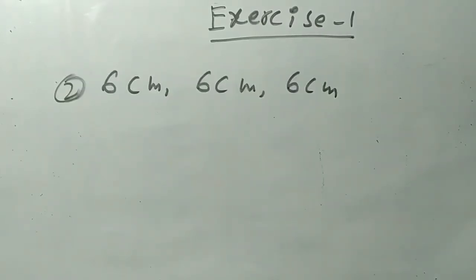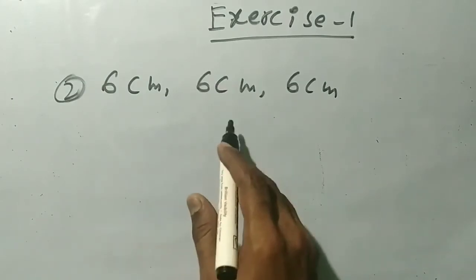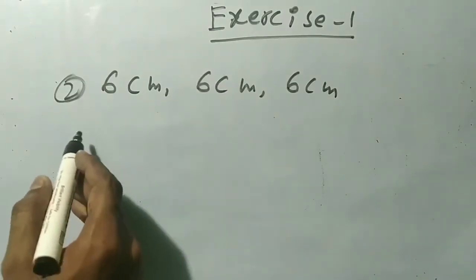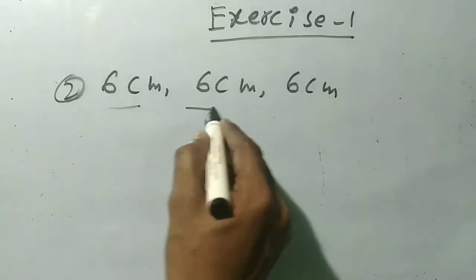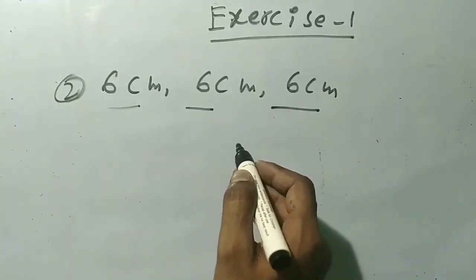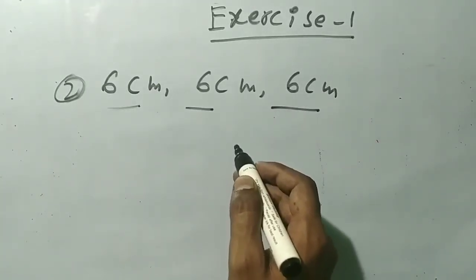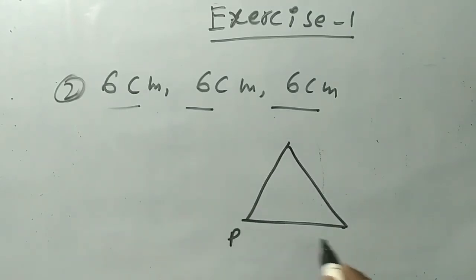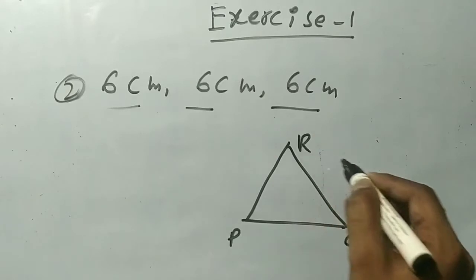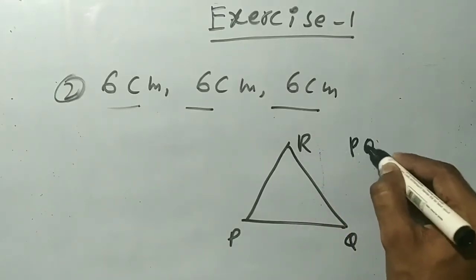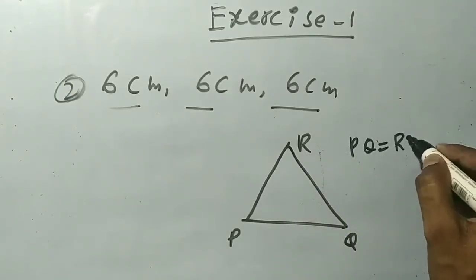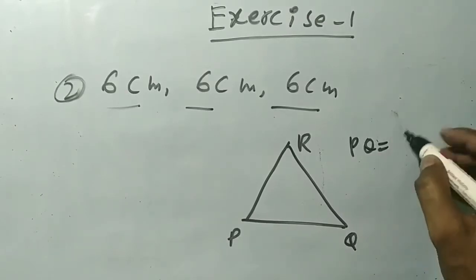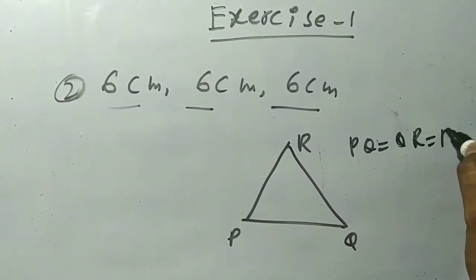The second problem is 6 centimeters, 6 centimeters, and 6 centimeters. So the 3 sides are equal, then it is an equilateral triangle. In triangle PQR, PQ is equal to QR and QR is equal to RP.